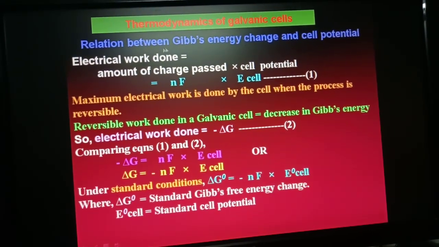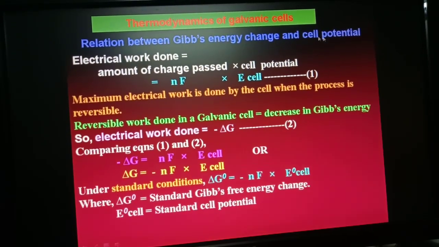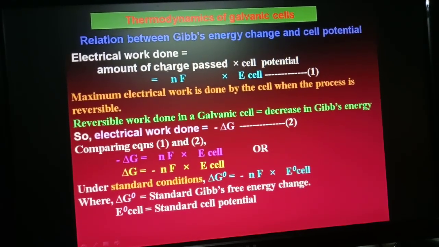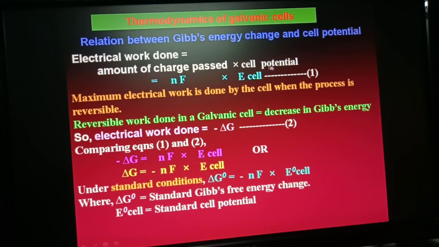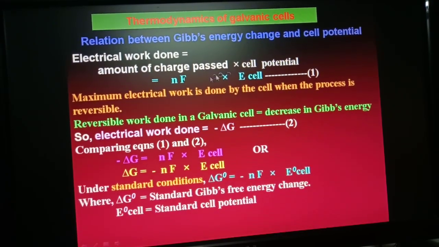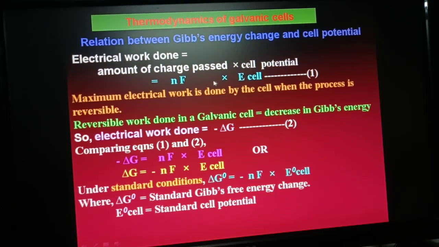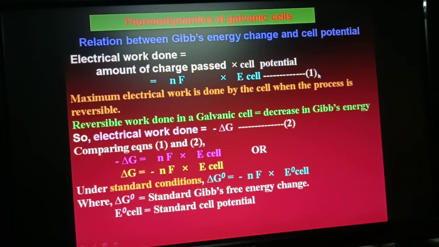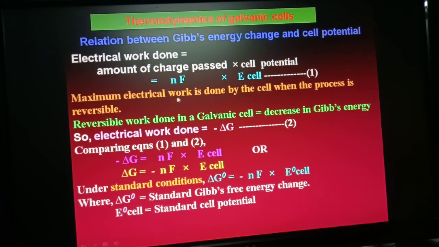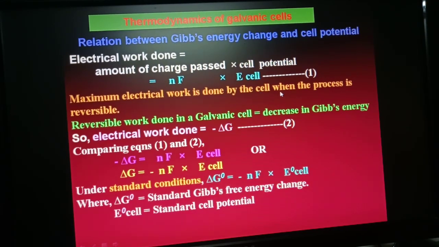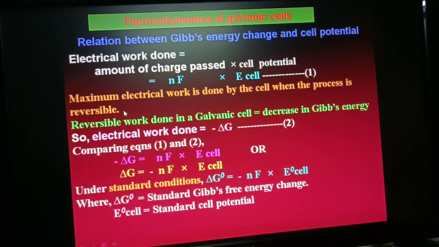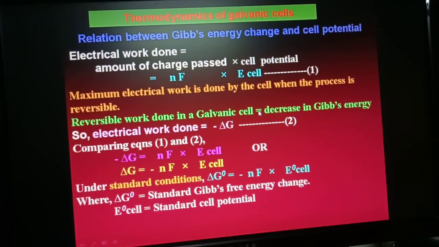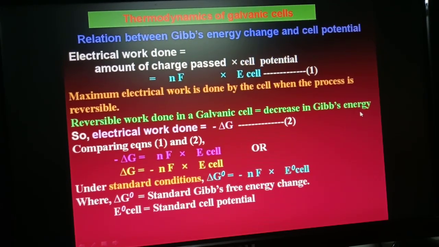Now let us study the relation between Gibbs energy change and cell potential. Electrical work done is equal to the amount of charge passed multiplied by cell potential, which is equal to nF multiplied by E cell. Let us consider this to be equation number 1. Maximum electrical work is done by the cell when the process is reversible. So reversible work done in a galvanic cell will be equal to the decrease in Gibbs energy.